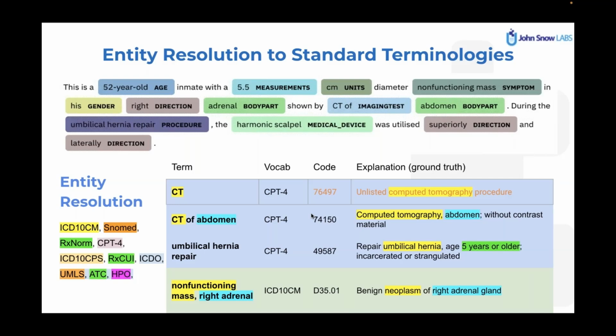There are several terminologies in the medical domain, like ICD-10, SNOMED, RxNorm, CPT, UMLS, ATC, HPO, HCPCS, etc. We train sentence entity resolver models for each terminology in the healthcare NLP library.